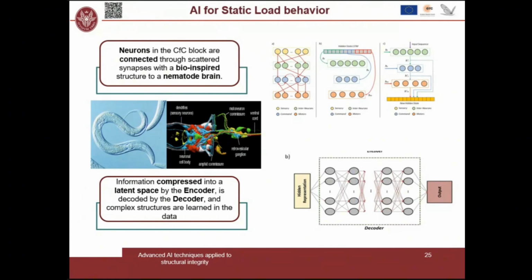So in this case, CFC blocks are connected, of course, but with a sparse connection. So it is not a fully connected network. And that's really useful because, if you observe in depth what is happening in neural networks, you see that during the training a lot of weights are changed, but sometimes if you have too many neurons, they are zeroed during your training.